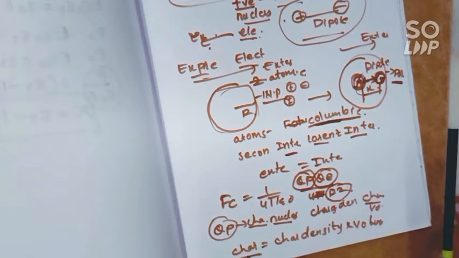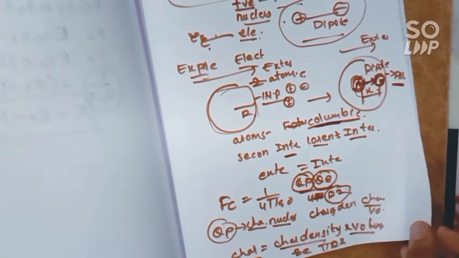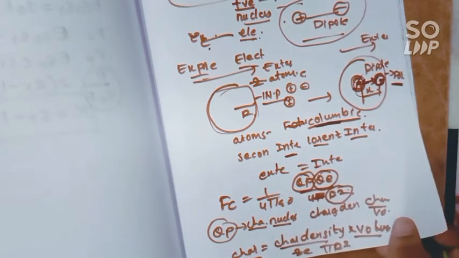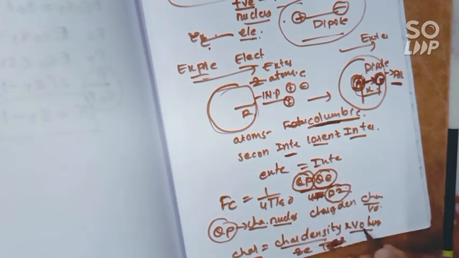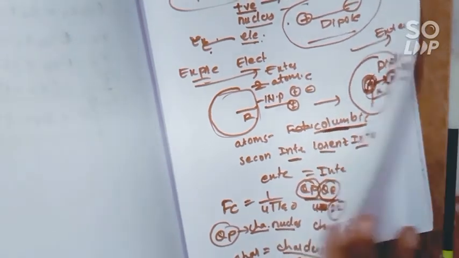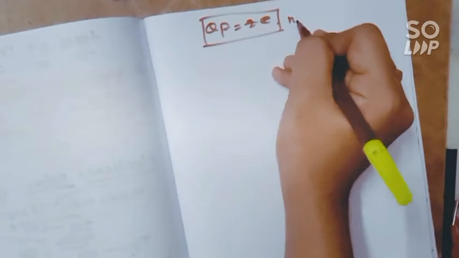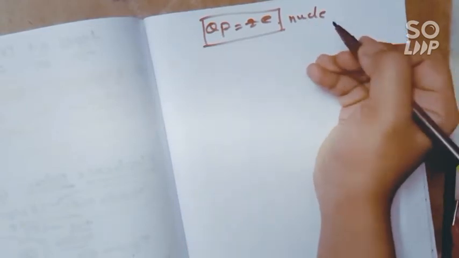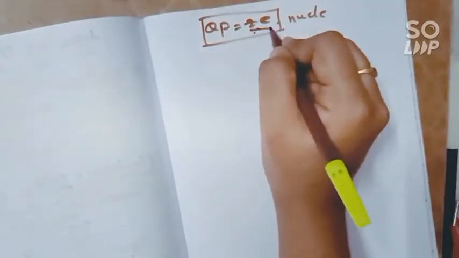From this, the charge of the proton can be written as Qp equal to Z into e. Only a single nucleus is present, so we need not consider charge density. Only the charge and the atomic number are enough.